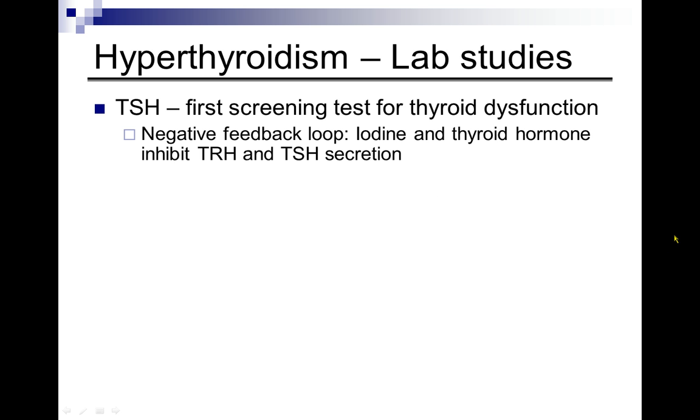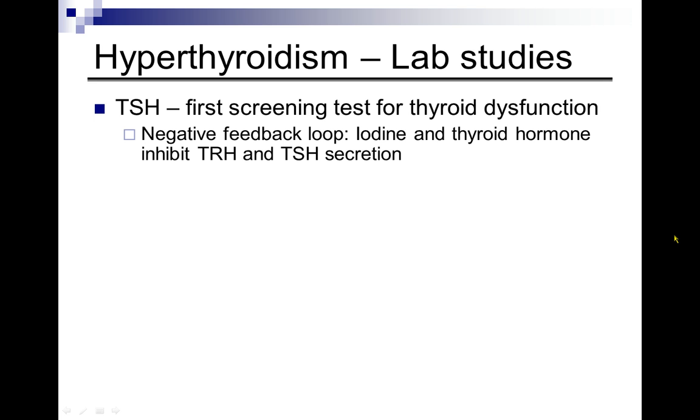What kind of lab studies do we get on patients to assess their thyroid function? Well, the most common is the TSH, the thyroid stimulating hormone, which is your first screening test for thyroid dysfunction. This is based on the negative feedback loop that I just described, where iodine and thyroid hormone, when they are present in high levels, will in turn inhibit the secretion of TRH and TSH.